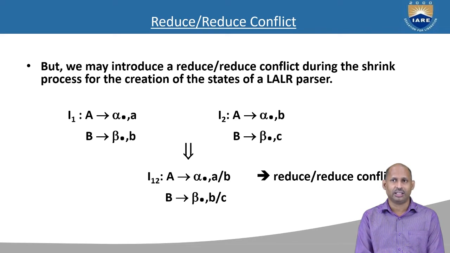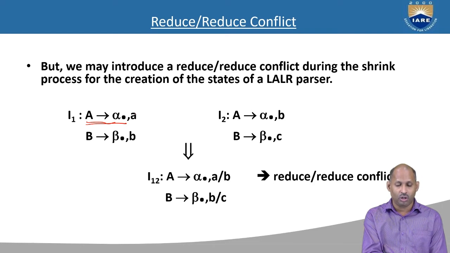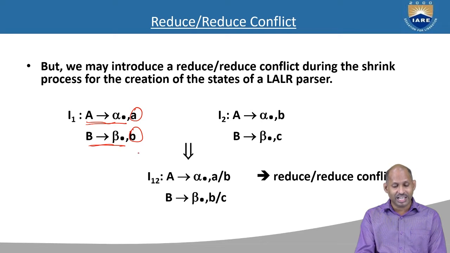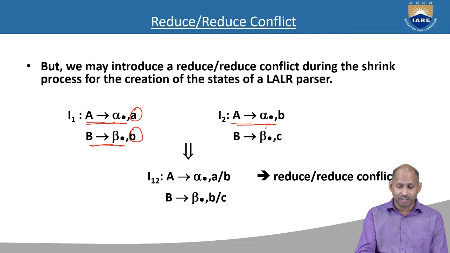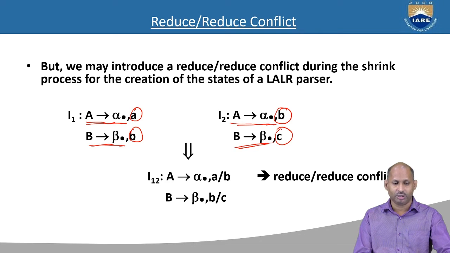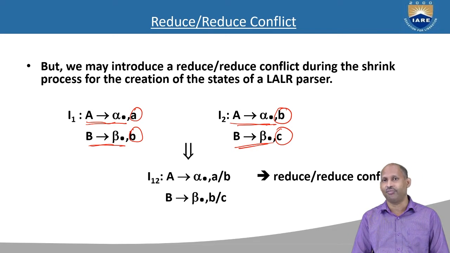Now reduce conflicts. Here in this reduce conflict, there is a production reduced on symbol A and another production on symbol B. In another state, there is a production reduced on symbol B and another on symbol C. The core is the same, so we combine them, which results in a reduce conflict.